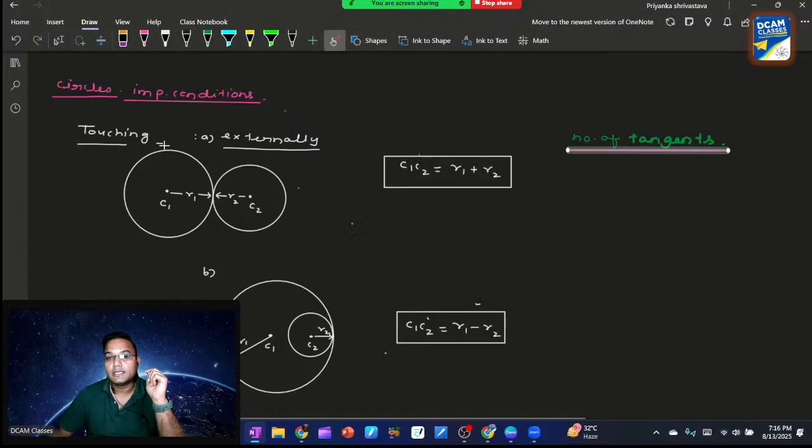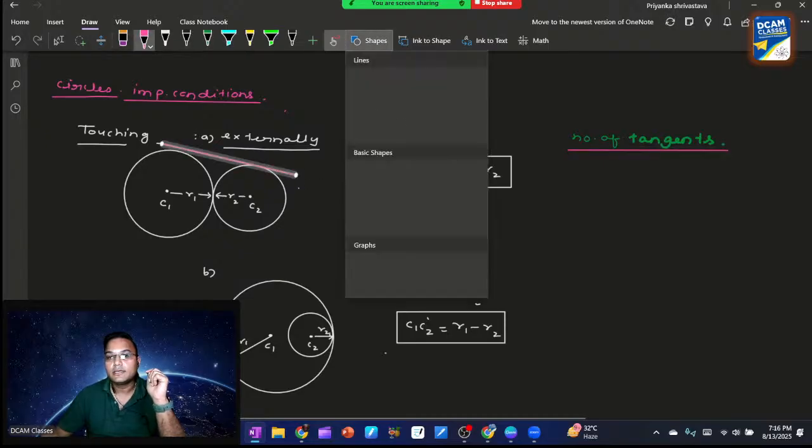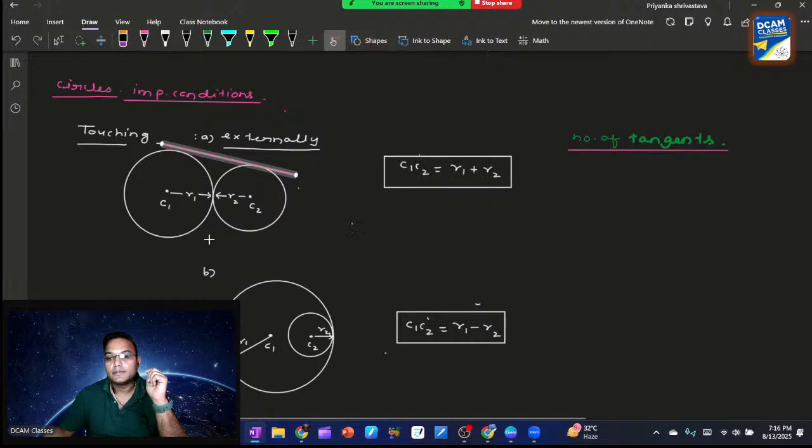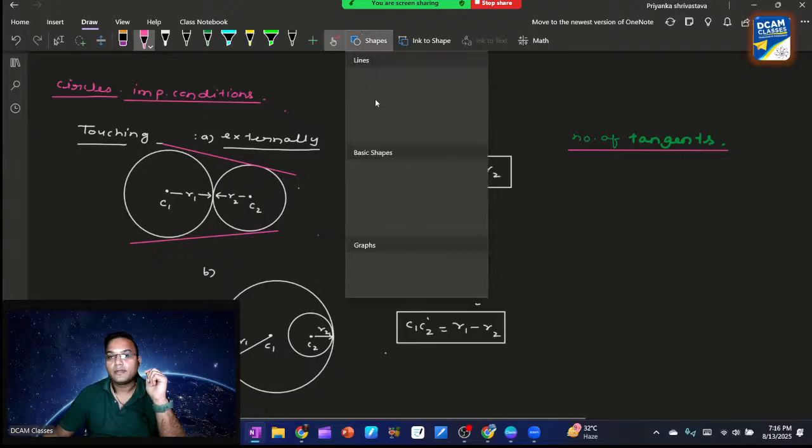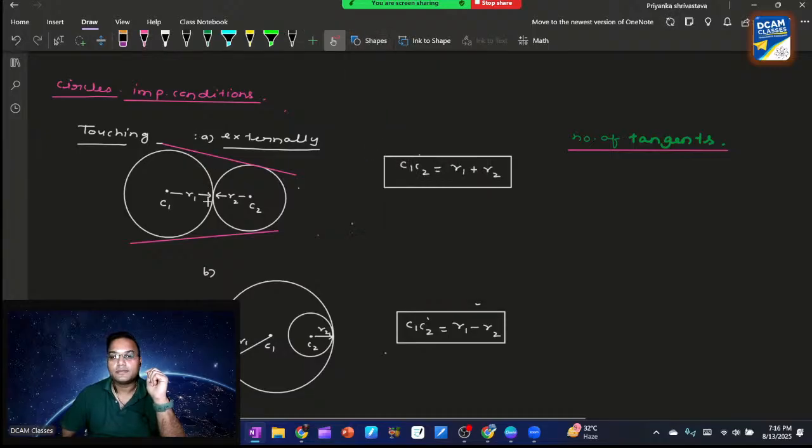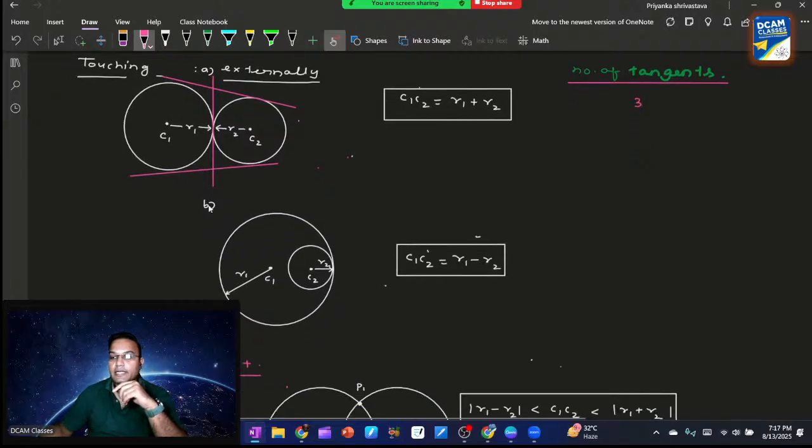In this case, 3, na? One this, one this, and one this one. When they're touching externally. And when they're touching internally, you can draw only one tangent.